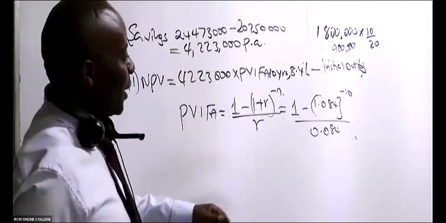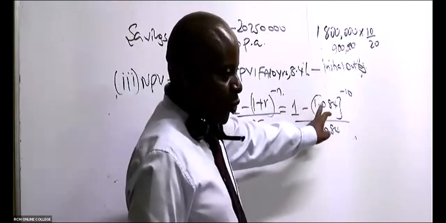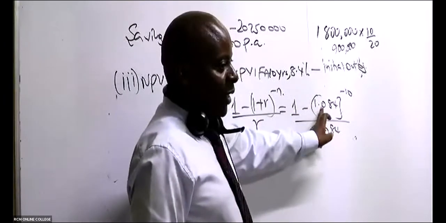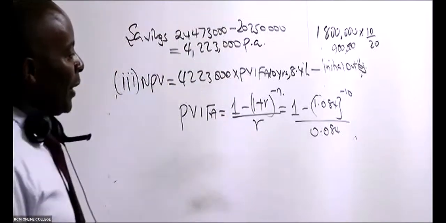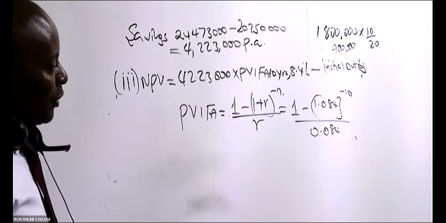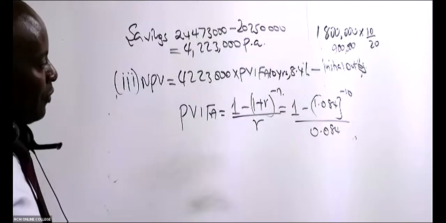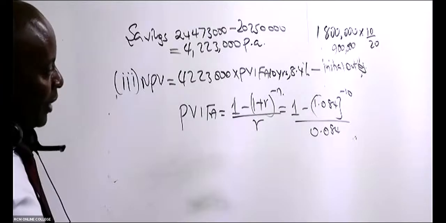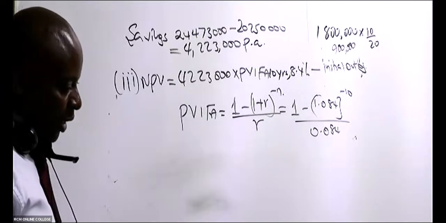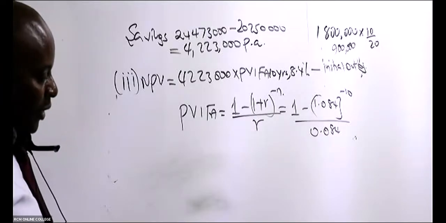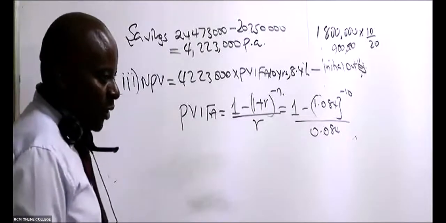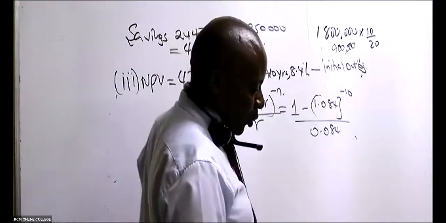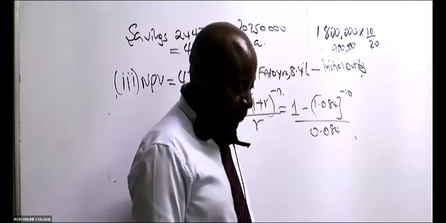Be very careful with this. Whatever answer I get, I will divide this by 0.084. So tell us, what are we able to get at the end of the day?